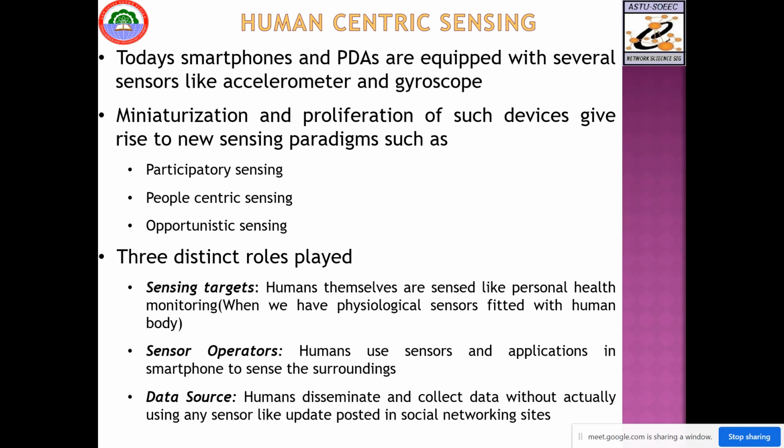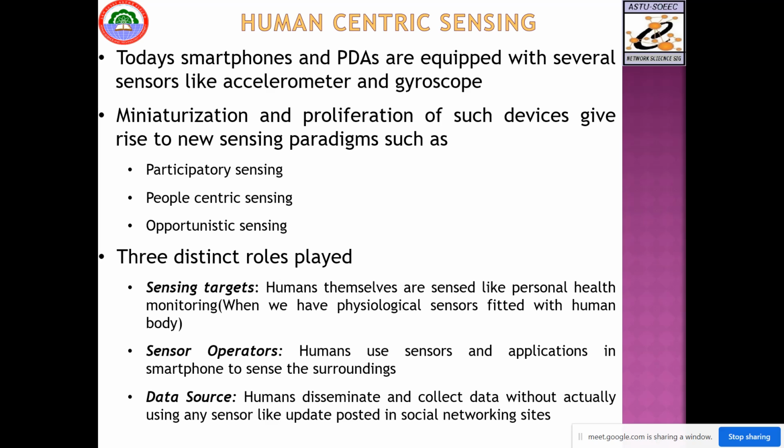Privacy is also one of the challenges. When we are talking about humans as a sensor node, privacy becomes a very big challenge, because we cannot estimate the attitude of a human.